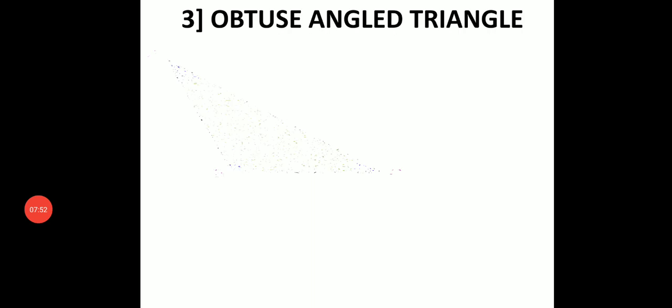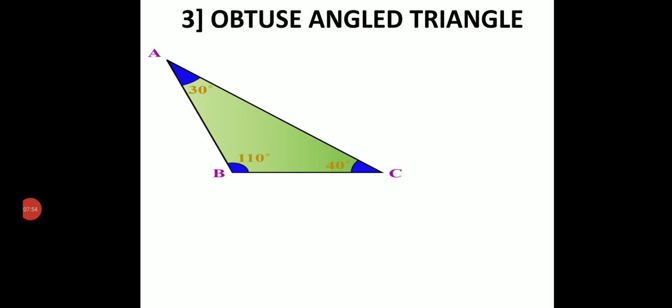So now children, here when you will observe the first figure, that is triangle ABC, you will all notice that measure angle A is 30, which is less than 90. Measure angle B is 110, which is more than 90. And measure angle C is 40, which is less than 90.